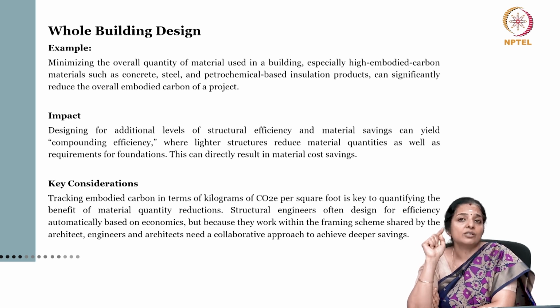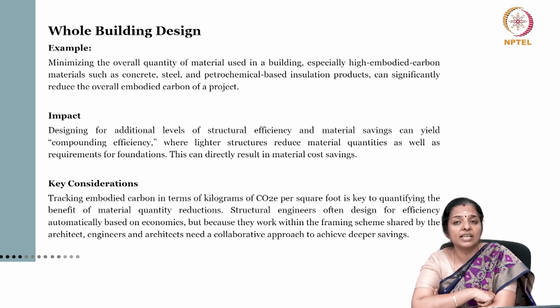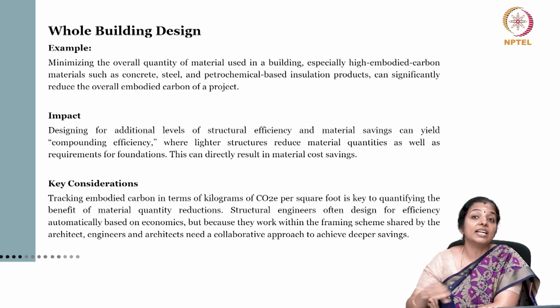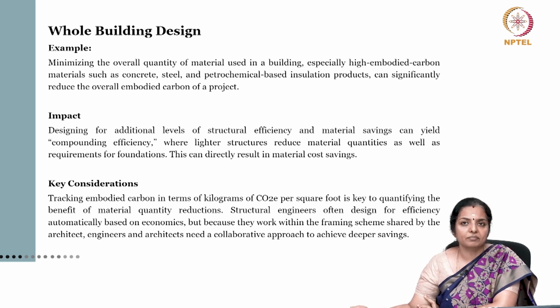Its impact is also shown in designing for additional levels of structural efficiency and material savings. This can yield compounding efficiency. Lighter structures reduce material quantities as well as requirements for foundation, and this can directly result in material cost savings.